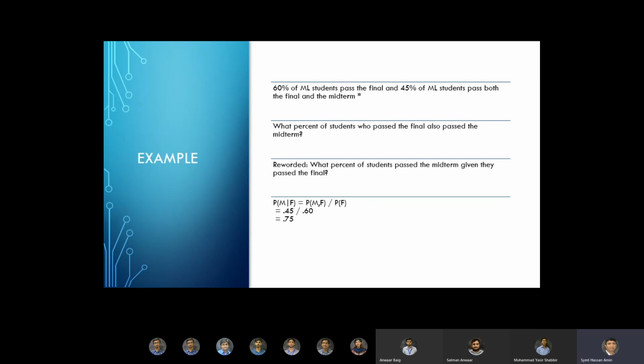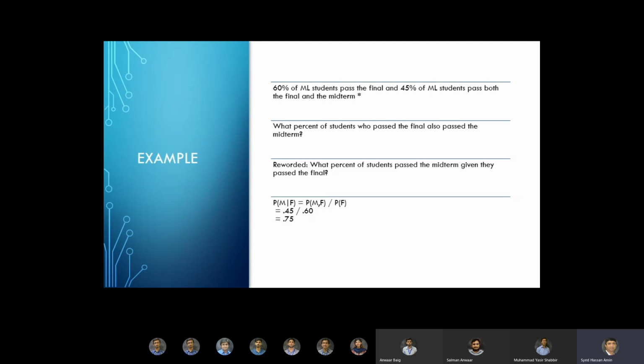So probability of midterm given final will be equal to joint probability of midterm and final divided by probability of final. Because we know the joint probability, which is equal to 0.45, and we know probability of final, which is 0.60. So that gives us the conditional probability that 75% of the students basically also pass the midterm who actually pass the final.